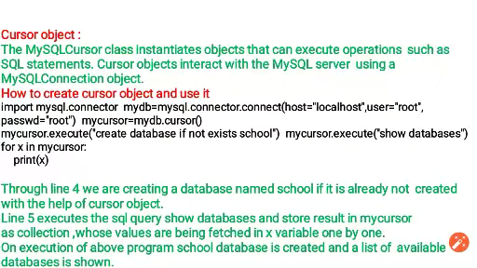Suppose on some PC the password is root. I have just given an example that it can be root also, depending upon what you have set. And then mycursor equal to mydb.cursor.